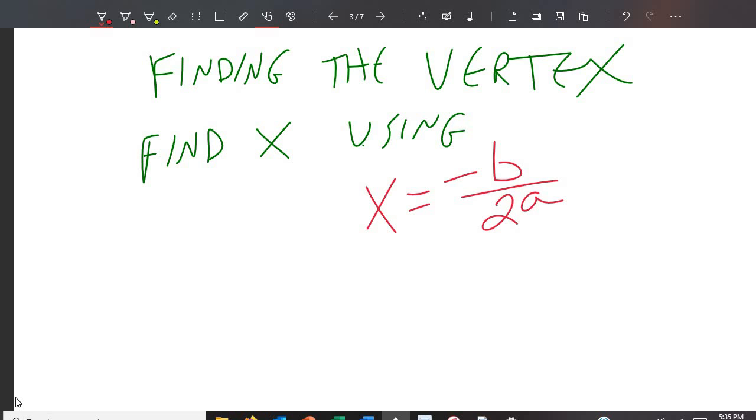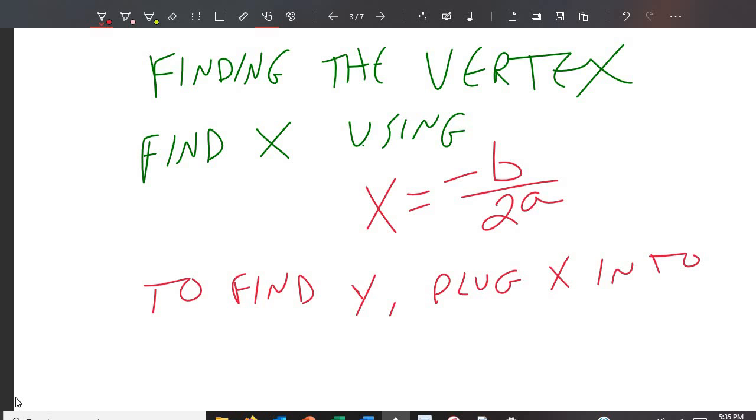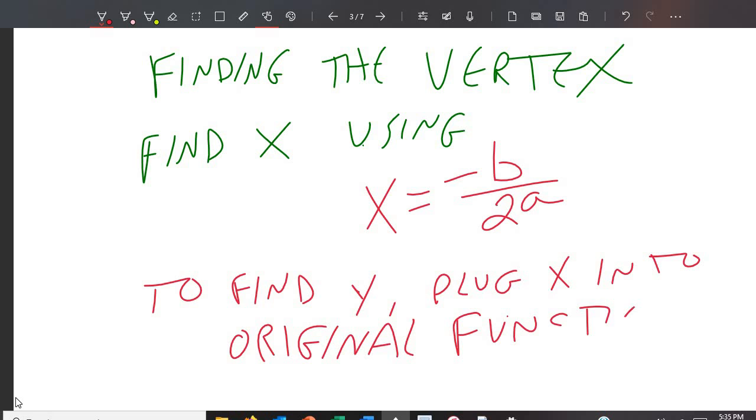This is where the b and the a come into play. To find y, plug x into the original function. Just plug it in and simplify everything. Once you get the hang of this, it's pretty easy. You just have to know what a and b is. You have to remember that little formula, and you have to determine if it goes up or down.